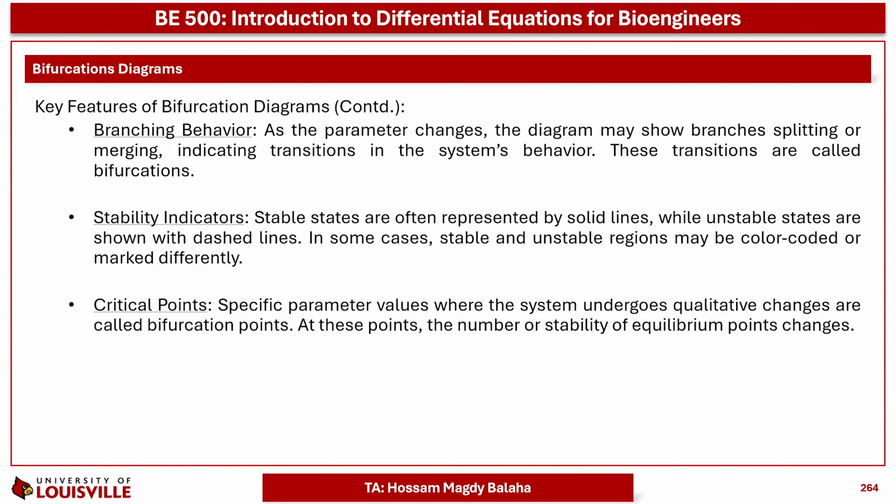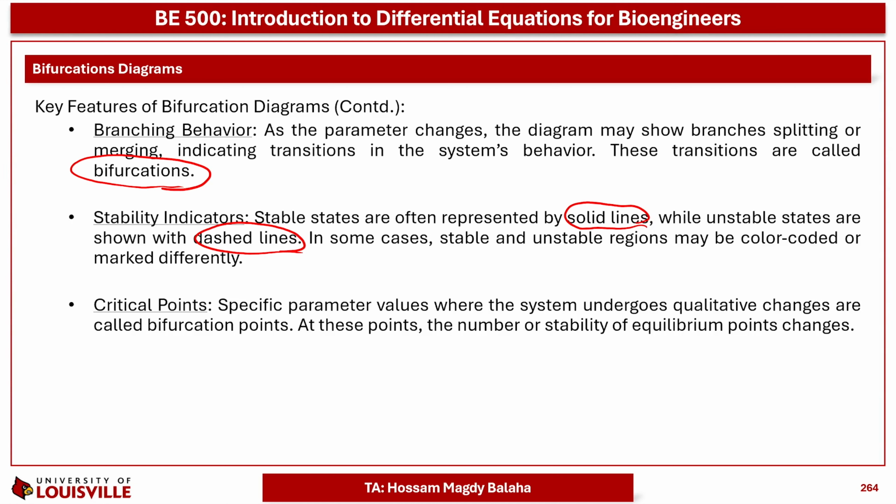And as the parameter changes, the diagram may show branches, splitting or merging, and this will indicate the different transitions in the system behavior. And these transitions and changes are called bifurcations. Often we use solid lines to represent the stable states and dashed lines to represent the unstable states.